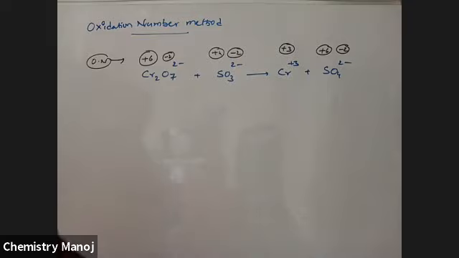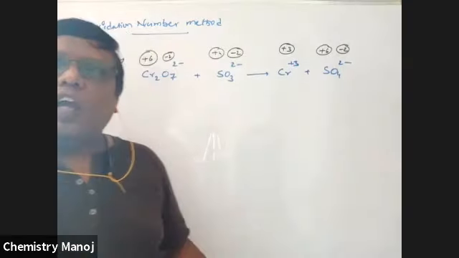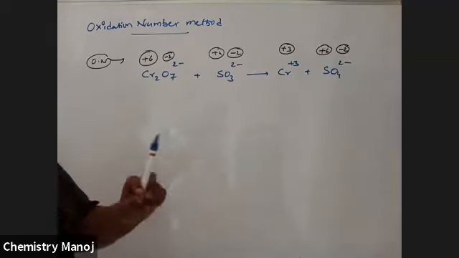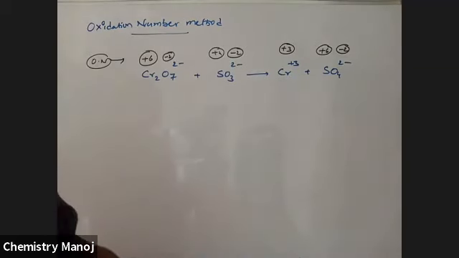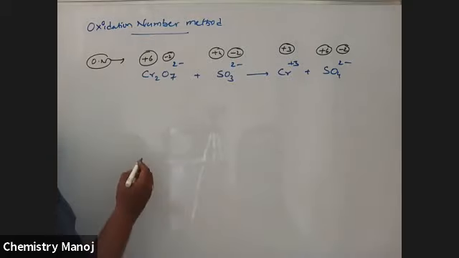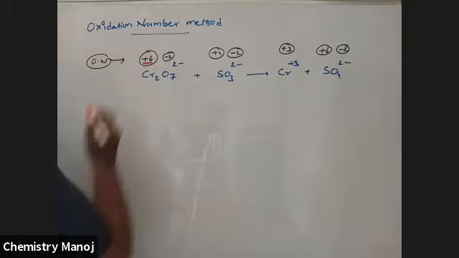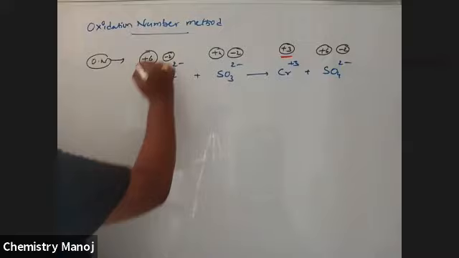Write the oxidation number of each element above that element. Identify which element's oxidation number increased and which decreased, that is, which is oxidized and which is reduced. Here chromium +6, there chromium +3. It is reduced.